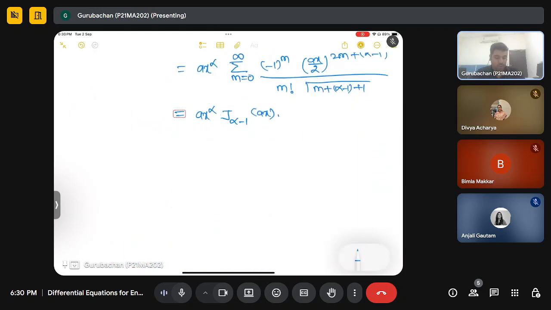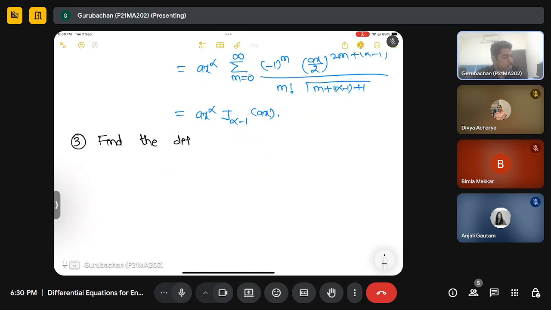So the next question is question number 3. This is somewhat different from the above, but ultimately we are going to use the properties of the Bessel function.